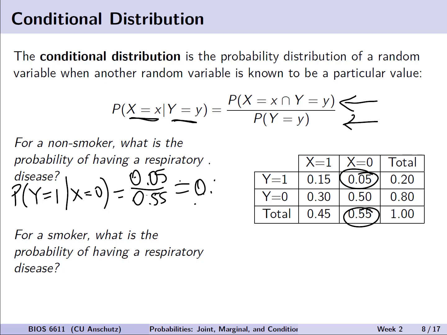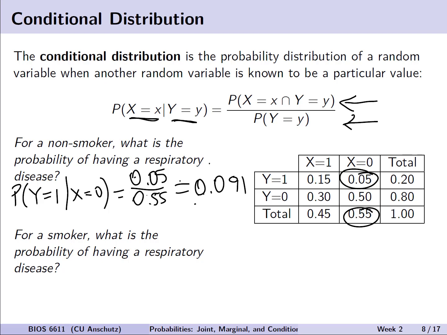And we can then do the math with R or a calculator and see we have a 9.1% probability that someone, if they are a non-smoker, would have respiratory disease. And of course, this may be more interest in clinical or actual practice, because if we already know some important feature about someone, we may be more interested then in how atypical or expected something might be.